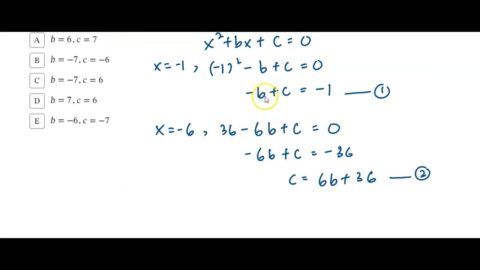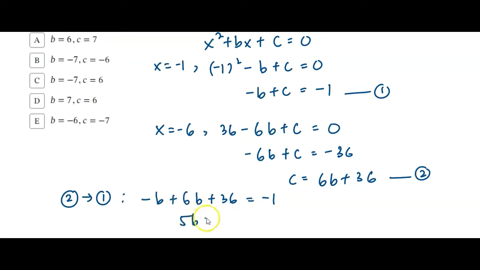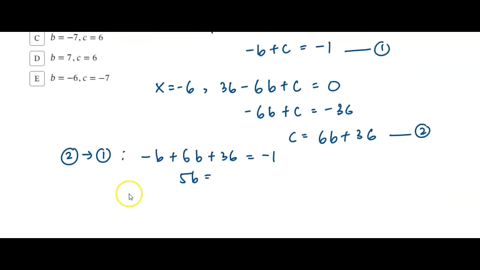Now, in order to solve for b and c, I'm going to substitute equation 2 into equation 1, where the c here will be replaced by 6b plus 36, equals -1. So simplify this, you have 5b and -1 minus 36.